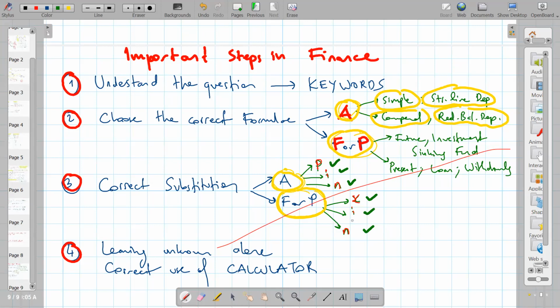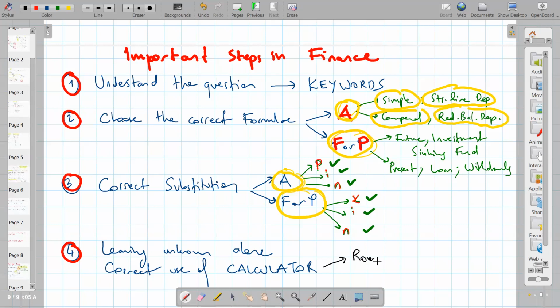And the last step will be correct use of the calculator. What else can we say about correct use of the calculator? We can say maybe we have to make the substitution once, otherwise we may end up messing up the question. I think we mentioned that before. Let me write that.